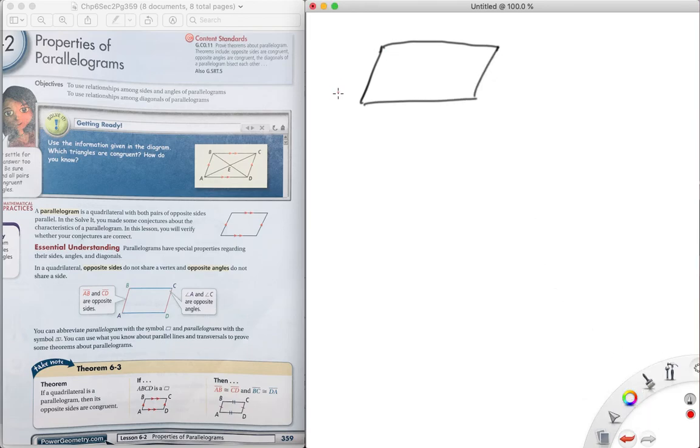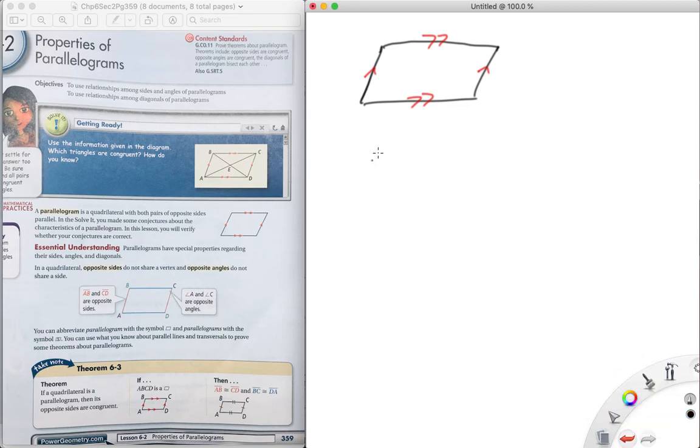A parallelogram is a quadrilateral, meaning a shape that has four sides, such that they have a pair of opposite sides that are parallel.